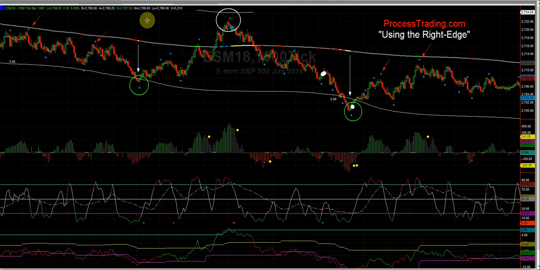And of course they would have all been successful, and you also would use the trade management technique associated with a trend trade. And that happens day in and day out where there are good trend trades available according to the processtrading.com right edge trading system.